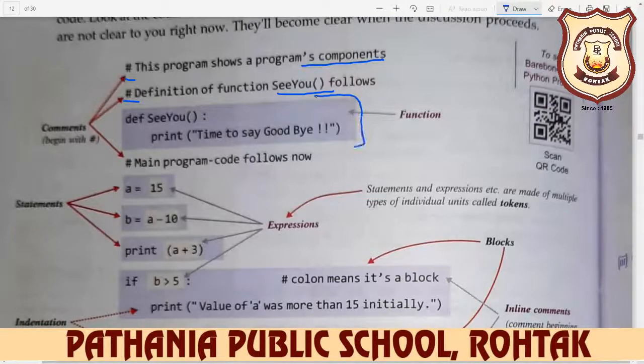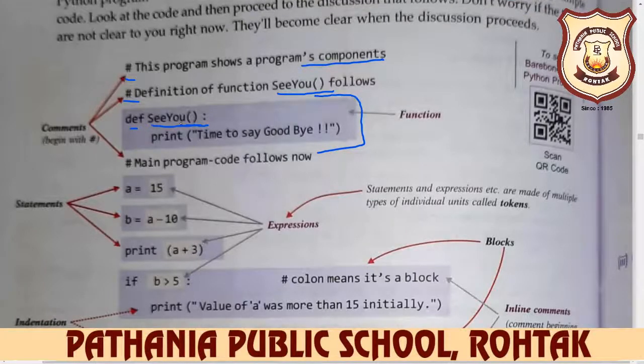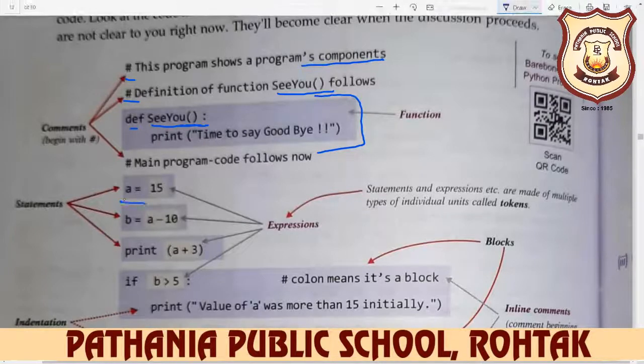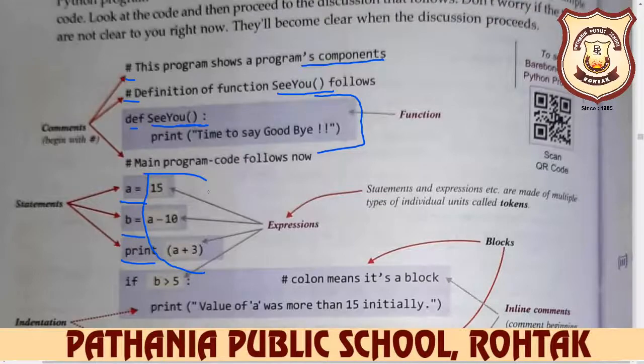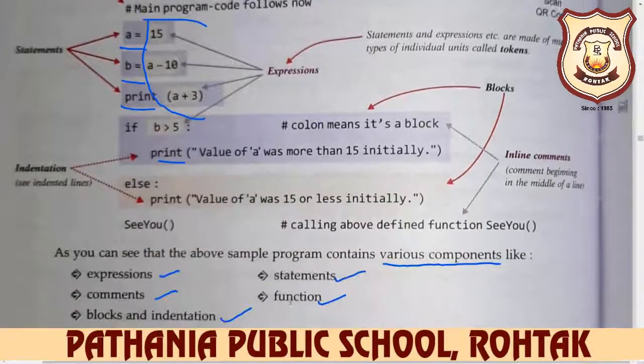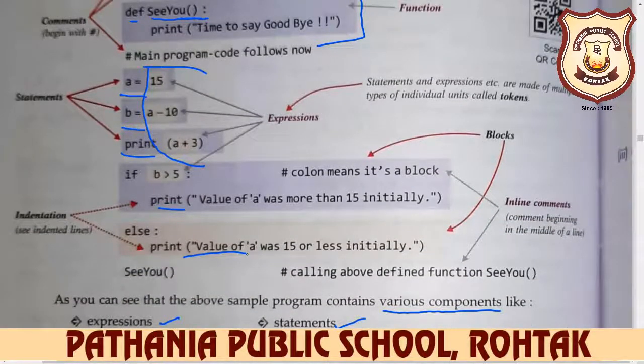These are your blocks, and this def, after this you use the parentheses, and after any word with parentheses, this means your function. And a is equal to 15, b is equal to a minus 10, a plus b, these all are your expressions. And these a is equal to, b is equal to, and print, these are your statements, and these values are your expressions. And these print value of a was more than, these are also your statements.